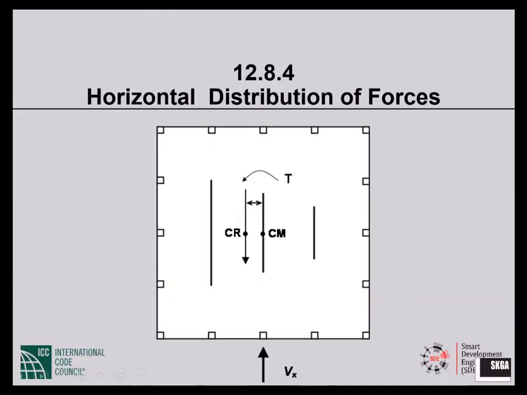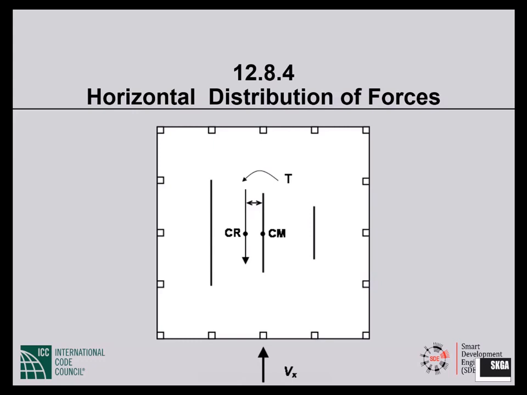Accidental torsion is where the two centers coincide, so we have no actual torsion, but we still consider a torsion called accidental torsion, that is the story shear multiplied by 5% of the plan dimension perpendicular to the story shear. We must design these days for the actual torsion plus the accidental torsion.